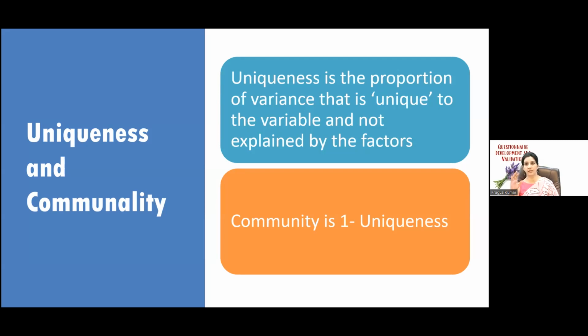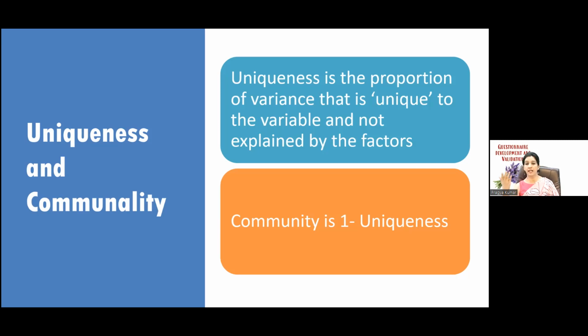Communality is the variance which is explained in that particular item by the underlying latent variable, and 1 minus communality is uniqueness, or the other way around. Uniqueness is the proportion of variance that is not explained by the underlying factor. That's why we want our items to have high communality and low uniqueness.